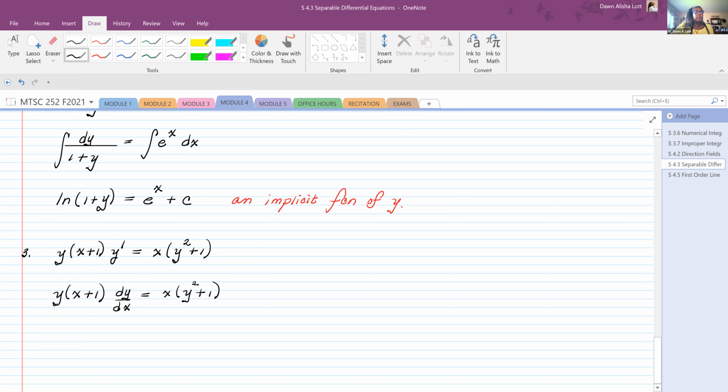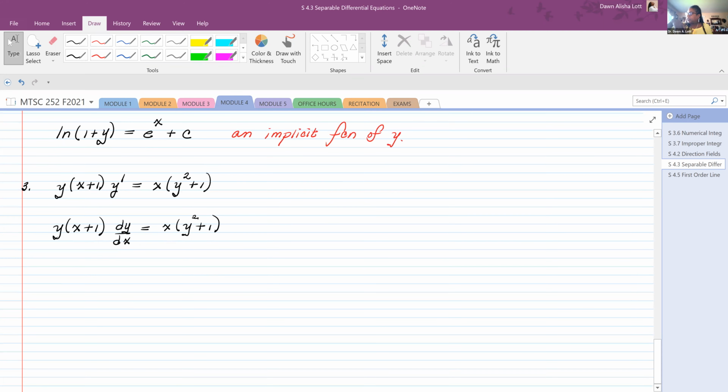Okay. Put all the x's on one side, all the y's on another side. I'm going to get y over y squared plus 1 is equal to x over x plus 1, and this one is dy, and the other one is dx.